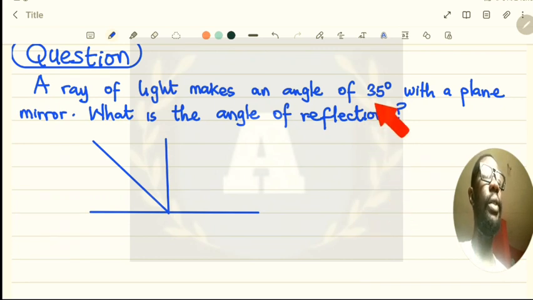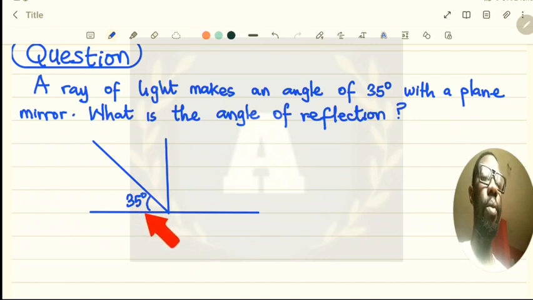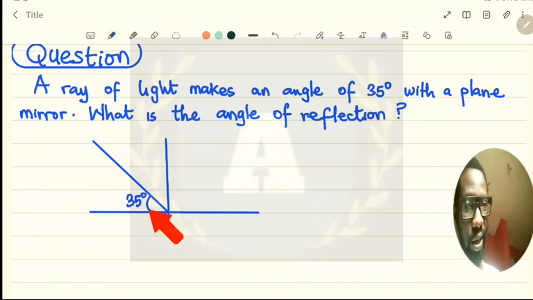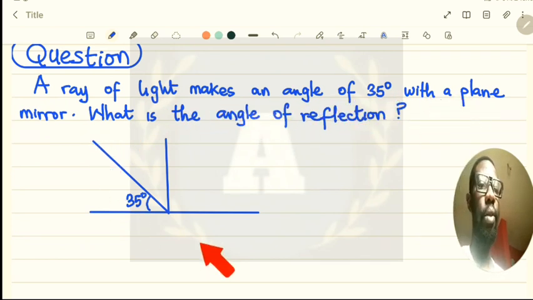So now this is 35 degrees. That is not the incidence angle, but rather the glancing angle when you check it. So the incidence angle would therefore be 90 minus 35, okay, so that will be 55.